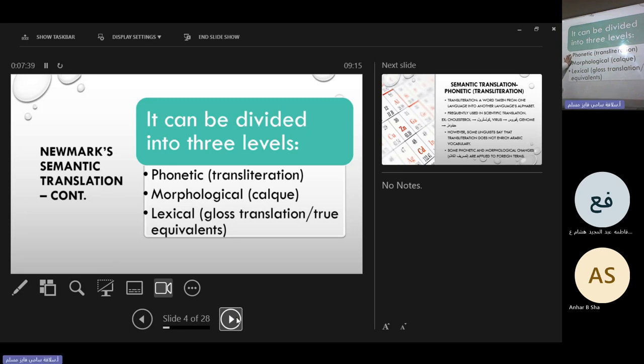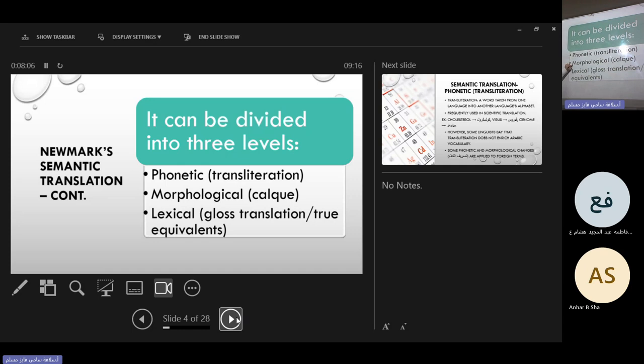To use the English or the Arabic letters for the word, like telephone, تليفون. Using Arabic letters to write the foreign word, Arabicization. Okay?